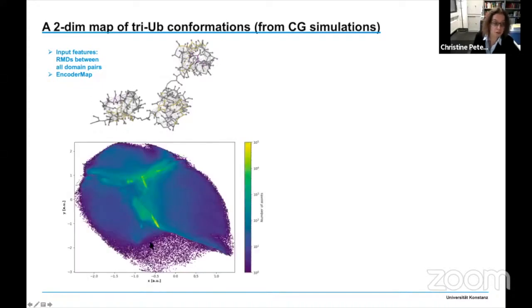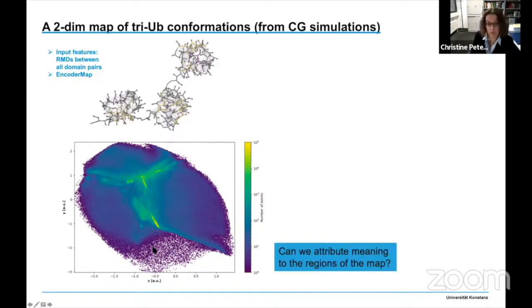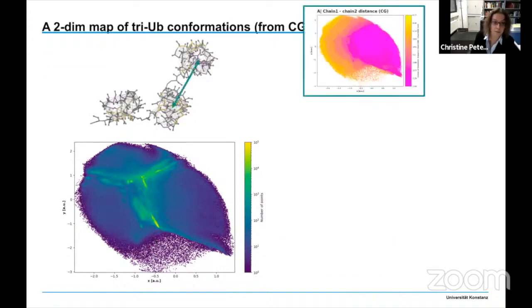And here you see the two-dimensional map that you get. Now you may wonder, what does this map tell us? Can we attribute meaning to the regions of the map? Just one brief analysis: you could, for example, color this map. Here the map is colored according to probability density. You could color the map according to the distance between two subunits. For example, here in the upper graph, the map is colored according to the distance between these two subunits.